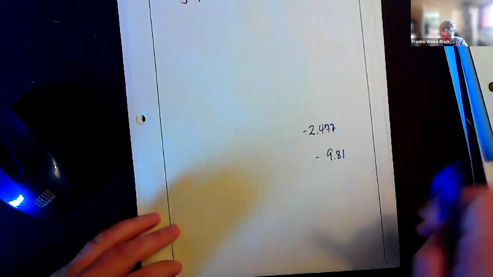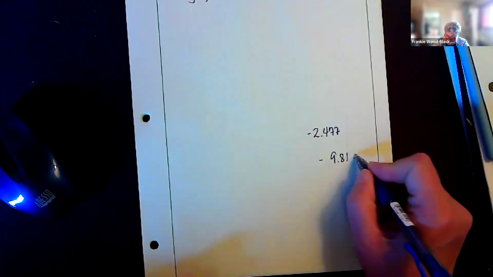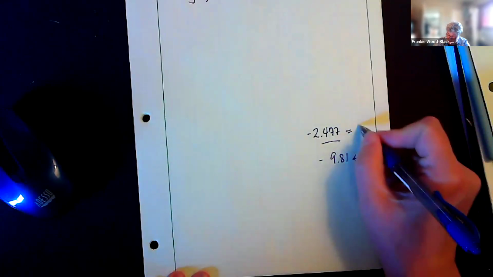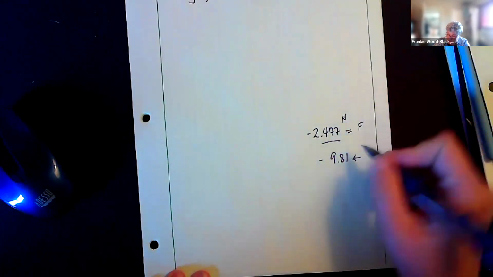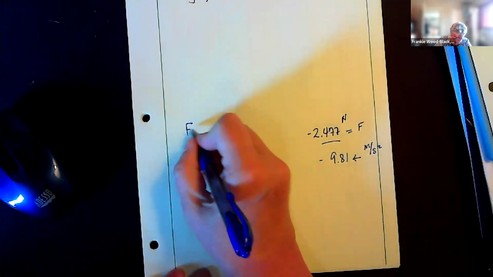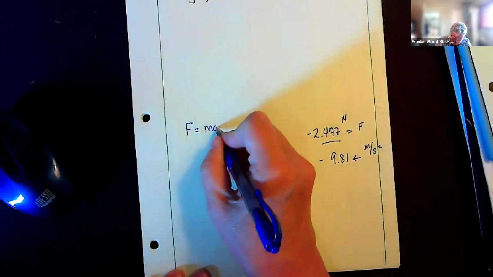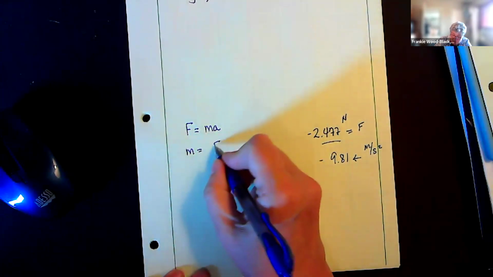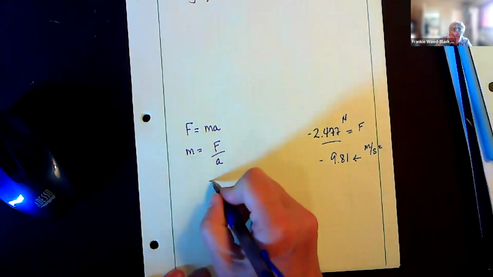So that was my average acceleration. Pretty darn good, because we calibrated it. That was my force, so this is my force. My force was in newtons. This is in meters per second squared. So if force is equal to mass times acceleration, the mass of my device is going to be the force divided by the acceleration.